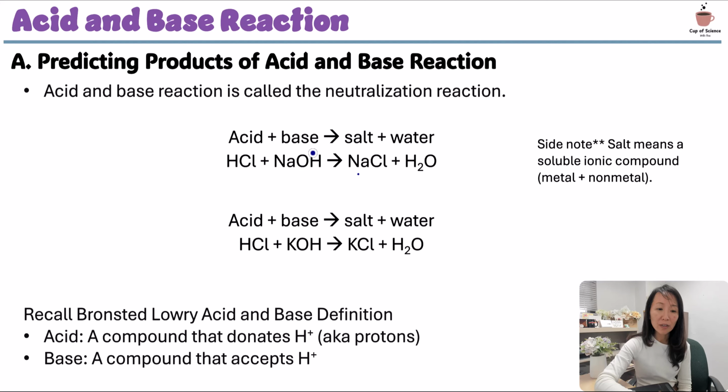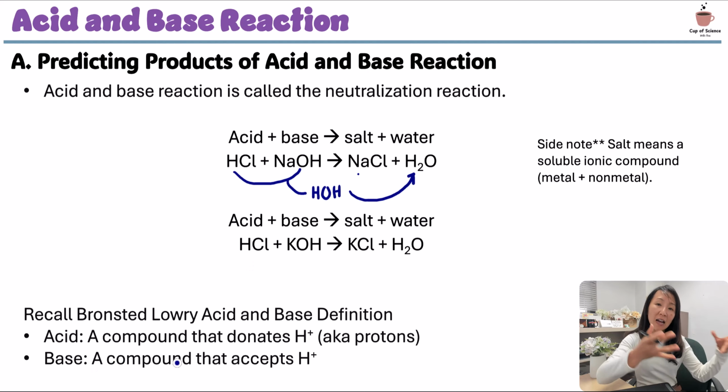And therefore, this OH right here became water because it combined these two together. That's HOH, but we don't really use HOH for water, we rewrite it as H2O. And the base is a compound that accepts the H. So this OH right here has accepted that H, hence why this is a base.